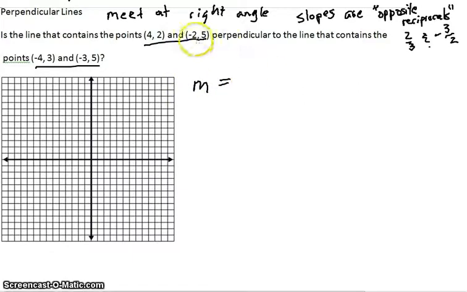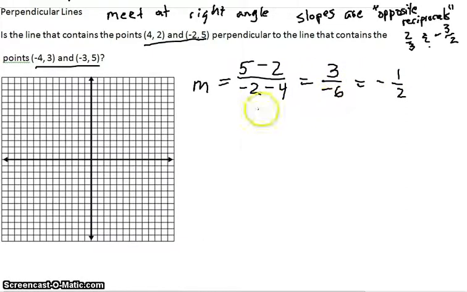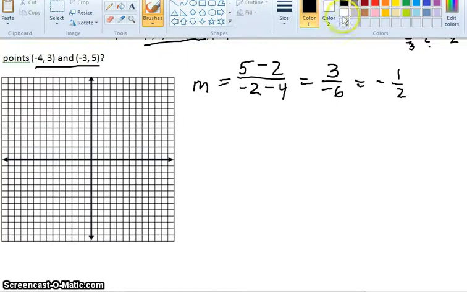So I'm going to find the slope of the first line, 5 minus 2 over negative 2 minus 4, which is going to be 3 over negative 6, which reduces to negative 1/2. You always want to reduce slopes because that tells you very quickly if they are perpendicular or parallel or not. Now I need to find the slope of the other line.